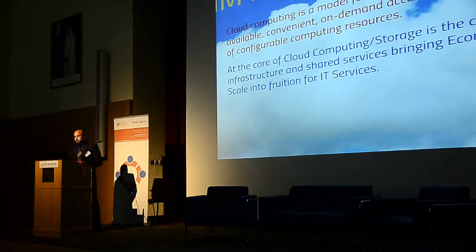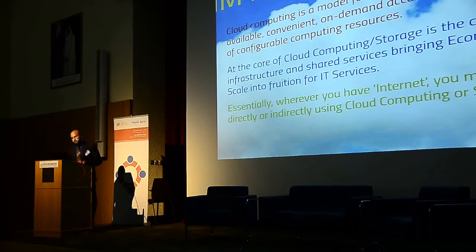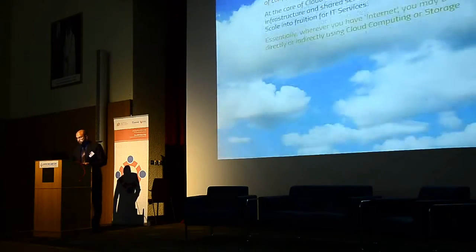Just like electricity and water, you open the tap, you are getting the service. The same thing is happening with cloud computing. You just turn on your computer and activate your internet, and you are using a cloud service. Essentially, wherever you have internet, you may be directly or indirectly using cloud computing or storage.